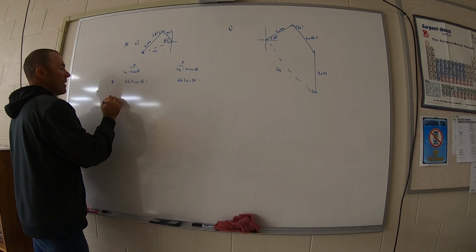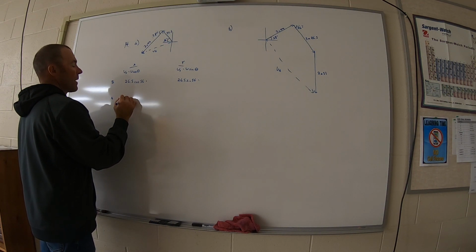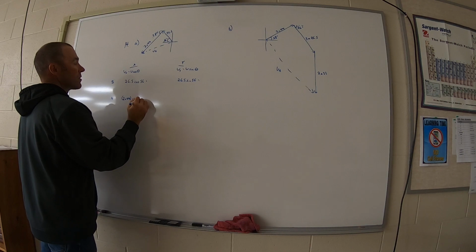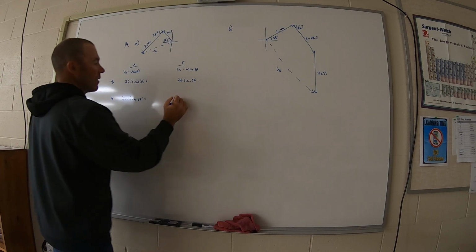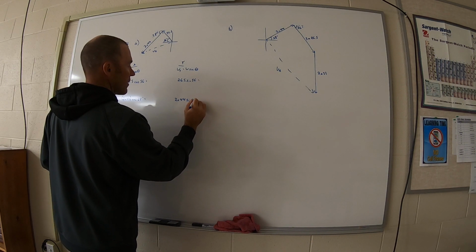And then A is going to be 2 times 44, I'm going to put that in parentheses, times the cosine of 28, 2 times 44 times the sine of 28.